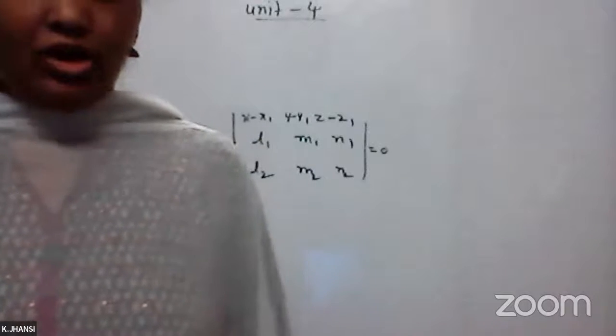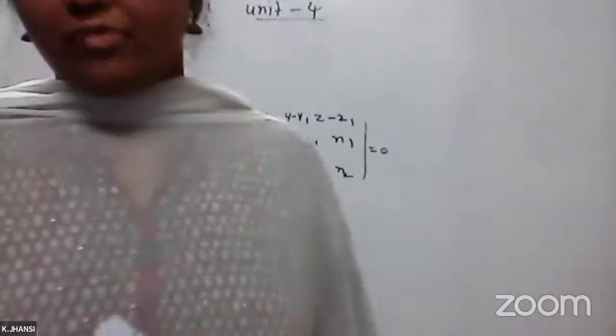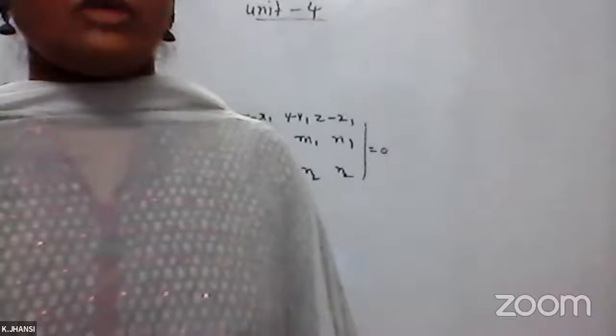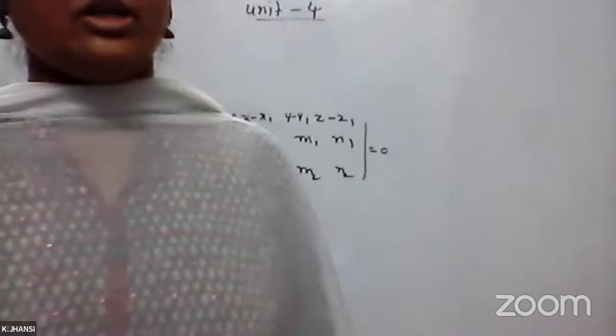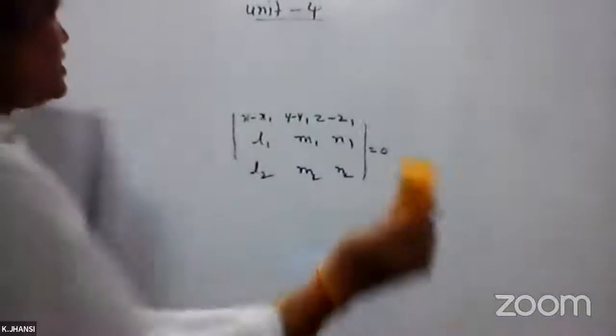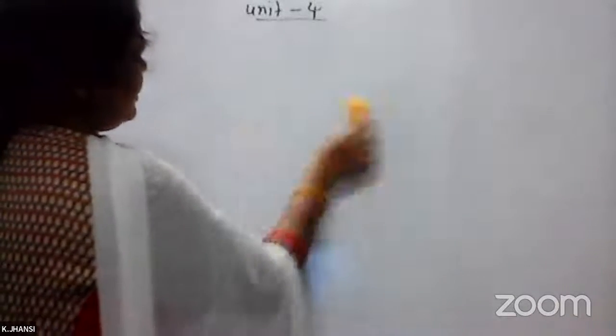You can do 3D problems by any method, but the final solution you get should be correct. Now we'll see one symmetrical and unsymmetrical line equation, intersection and point of intersection.